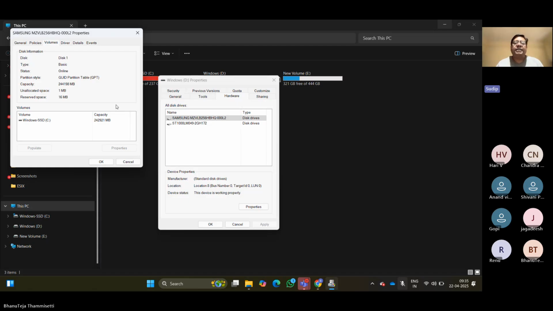It is saying that this hard disk is actually an SSD. We can see that, right? It is there in the name also. It's a solid state drive. And this is a classic example of a combination of solid state drive and hard disk drive in the same machine. So, Bhanu, can you go to the second one and see its properties?